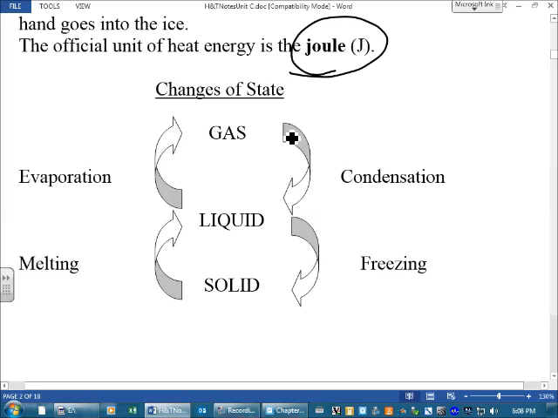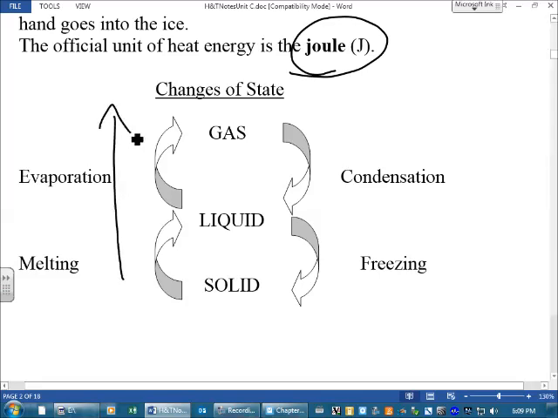If something is a gas and we cool it down, it will become a liquid. That's called condensing. Okay? If it's a liquid and it cools down even more, it becomes a solid. We call that freezing.